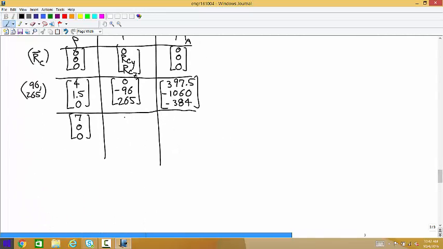And the force is 0, RDY, RDZ. The x component is 0. The y component is negative 7 RDZ. And the z component is positive 7 RDY.